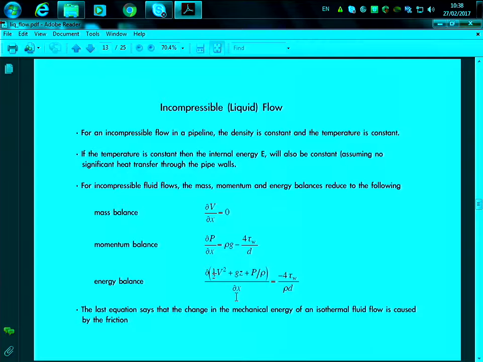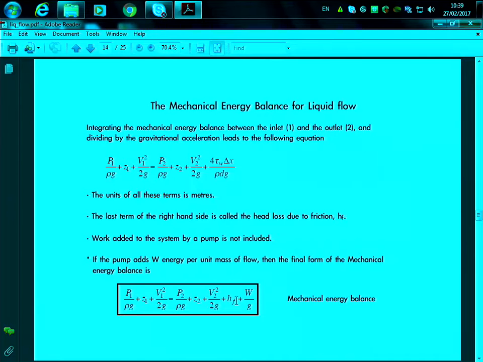And that's basically the Bernoulli equation. So normally, we just use HF, which is the friction loss that we have in the pipeline. Normally, this equation can be expressed either in meters or in terms of energy, joules per kilogram.